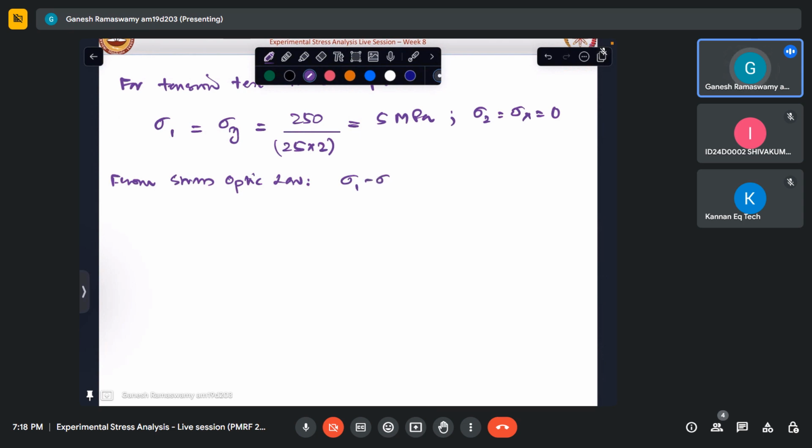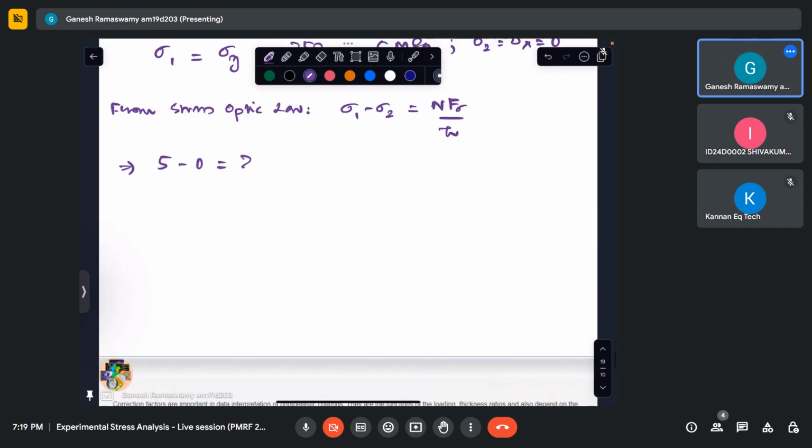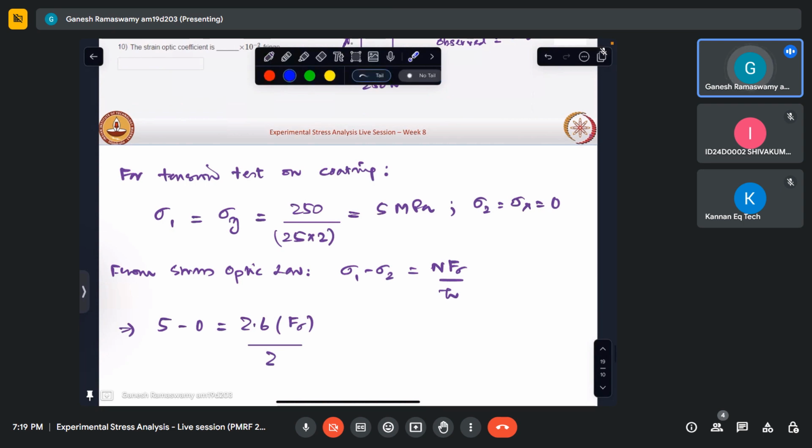So this is 5 minus 0, n is 2.6, into f sigma, which is what we are trying to find here, and the thickness is 2 mm. So actually if we were to replace it just with this, we will see that this thickness actually cancels out. But anyway, this comes to 10 by 2.6, which is f sigma comes out to be 3.85 Newton per mm per fringe.